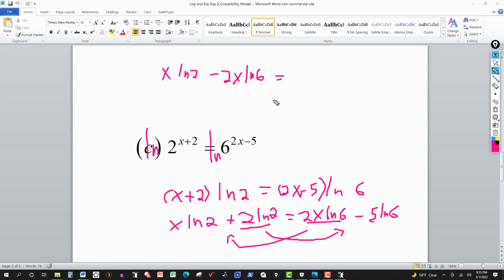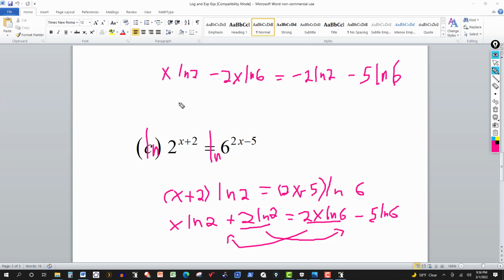And that's going to equal 2. So the 2 ln of 2 goes over, so that becomes minus 2 ln of 2, minus 5 ln of 6. Okay. So x ln of 2, brought the 2x ln of 6 over, and 2 ln of 2 went over to become minus 2 ln of 2.